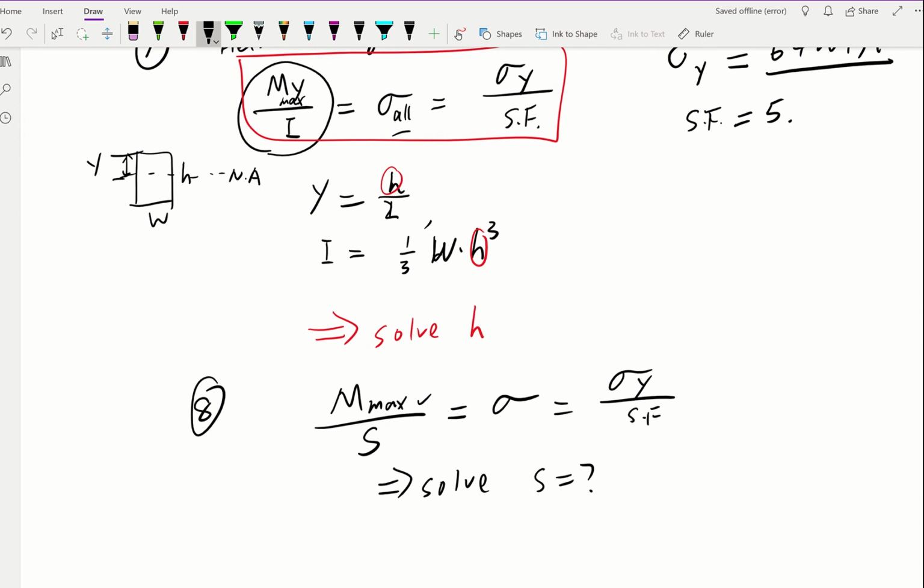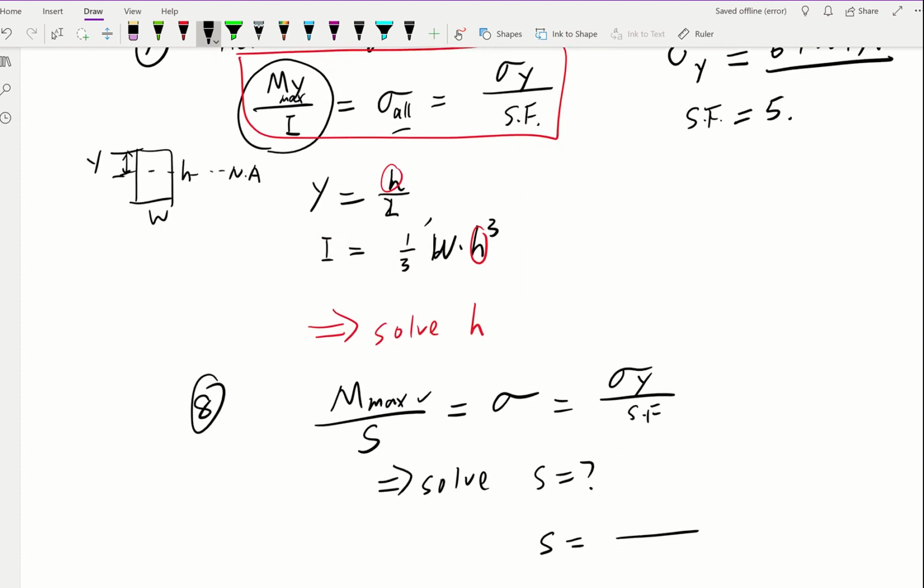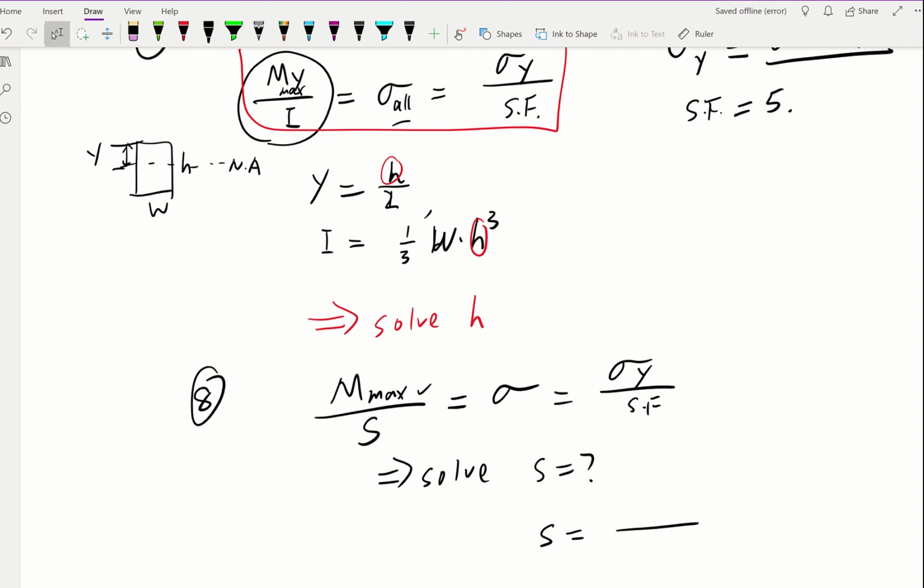Also, you can use another definition of section modulus, because what we said, section modulus is basically I over y. Okay, so knowing that, since you know the I and you know the y, you can go ahead and solve S. And a quick review for section modulus is going to have a unit of length to the power of 3.